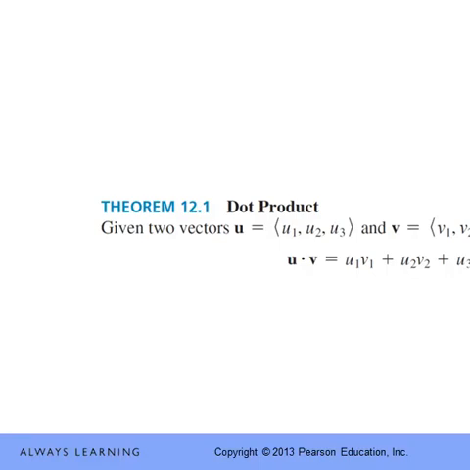Vector v is v1, v2, v3. Then u dot v can be written as u1 v1 plus u2 v2 plus u3 v3. Now, they call it a theorem because this is derived from the definition of the dot product.